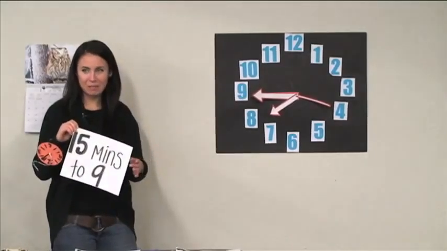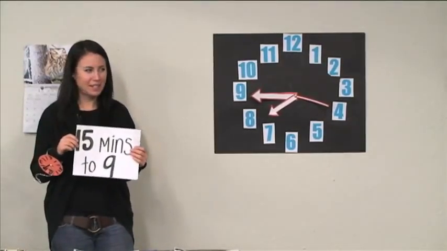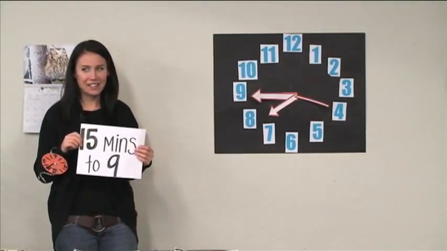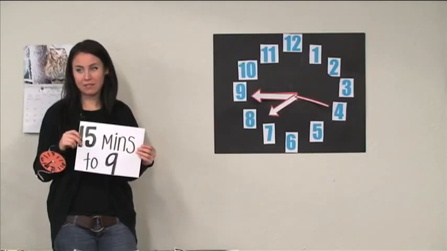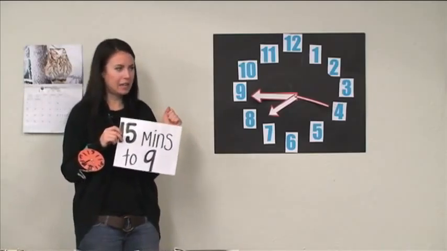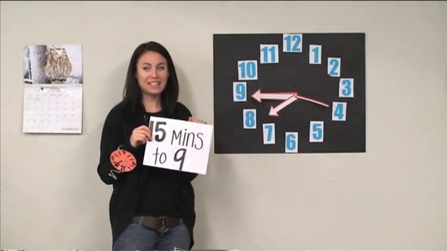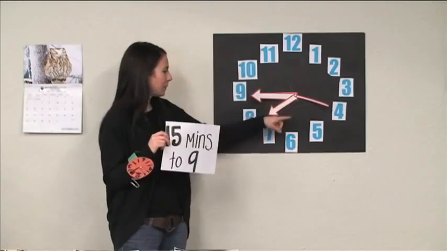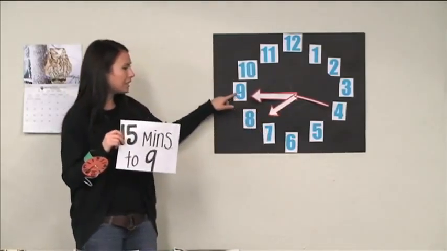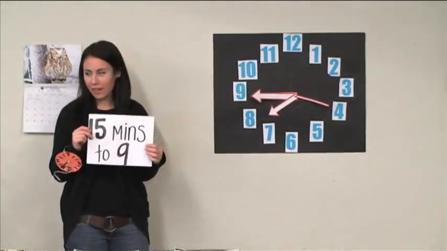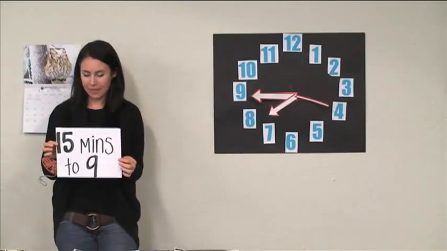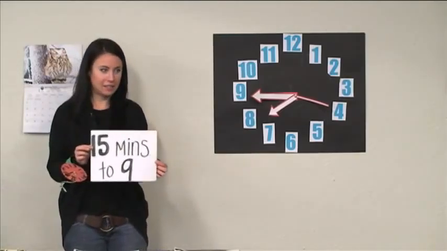If it's 15 minutes to 9, what time is that? Almost 9 o'clock. There's 15 minutes left. So what hour is it? Is it the 9 o'clock hour? No. It's the 8 hour. It's the hour of 8. So we go to 8, and it's really 8:45. So 8:45 is the same thing as 15 minutes to 9.